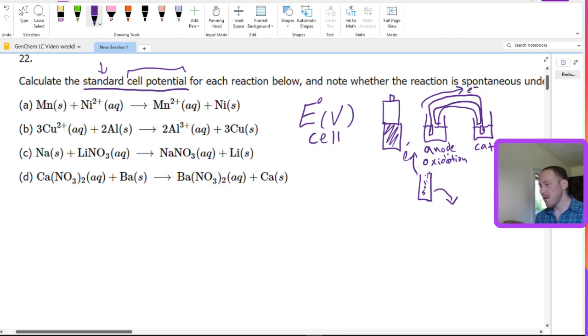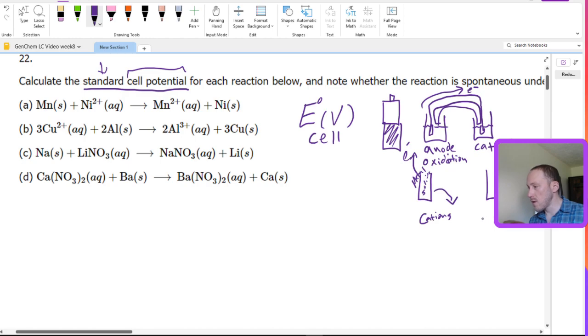And the atoms that lose the electrons enter the aqueous solution as ions, typically cations. There are counterexamples for sure. There's lots of variations on this, but this is pretty much what we're talking about for all these examples. We have a solid metal that loses electrons and sends them over to the cathode where the opposite happens.